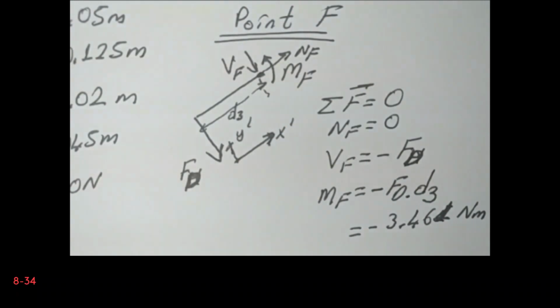Now, as we see, we have two external loadings. Therefore, we have normal stresses due to the bending moment Mf, and certainly we have shear force, which will cause a shear stress.